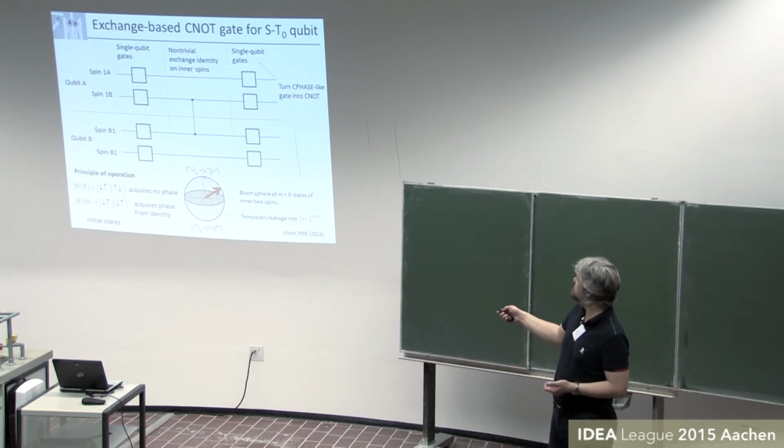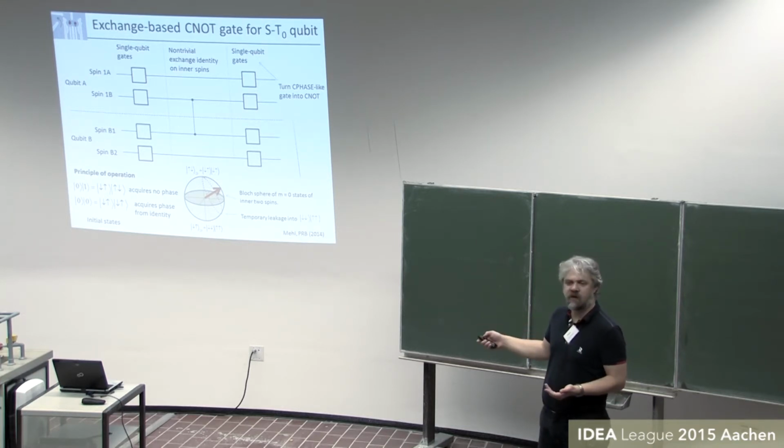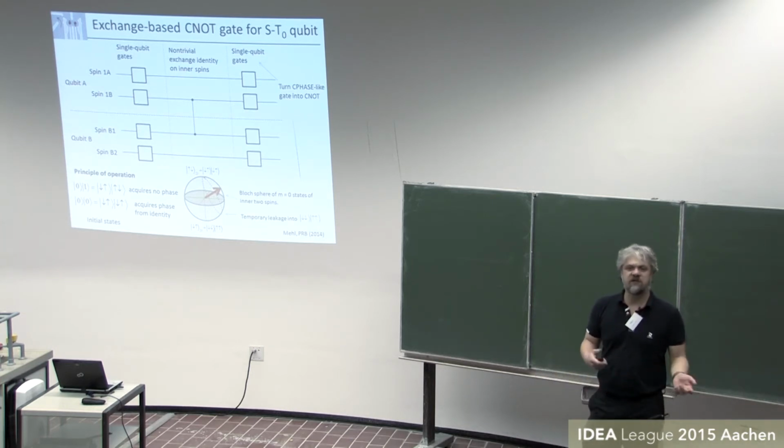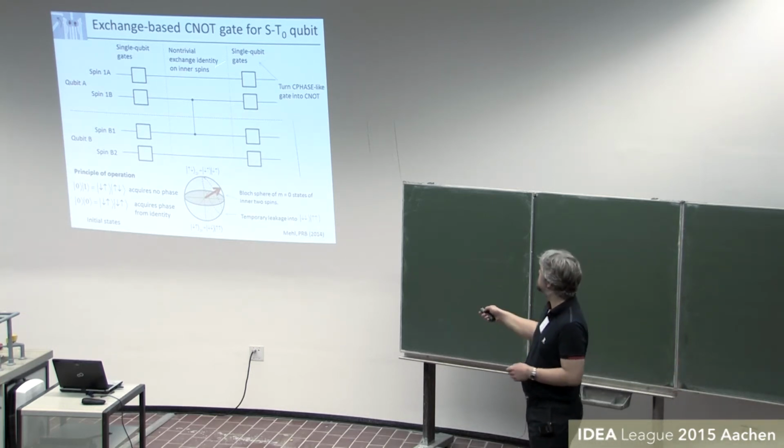So overall, the effect of this operation is that the 0, 0, or likewise the 1, 1 state with different spins on the inner two dots acquire a phase, the other ones don't.